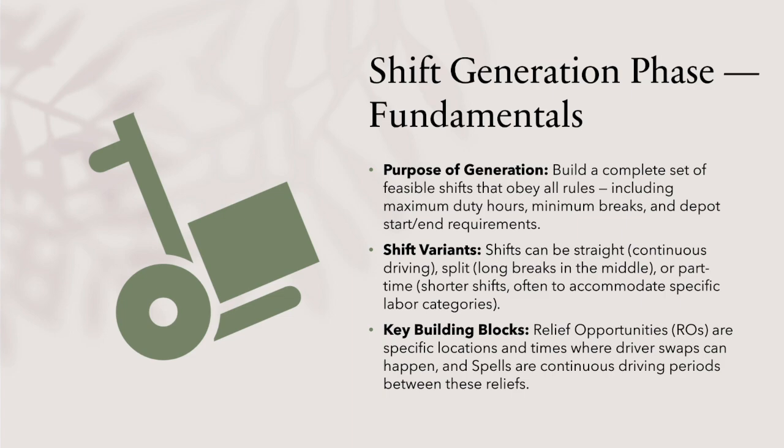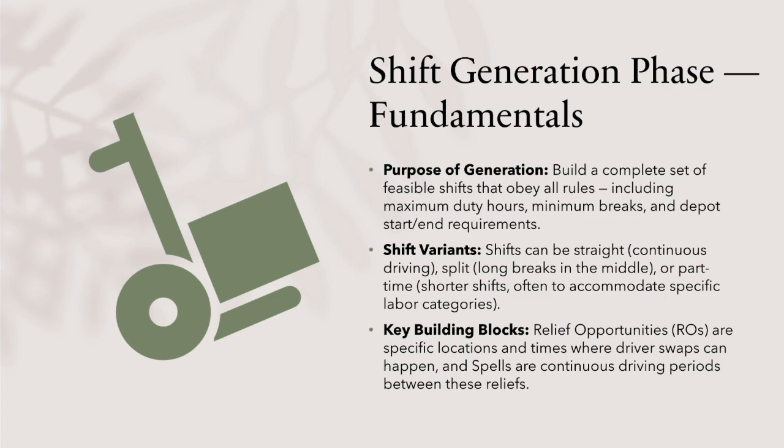Next is the shift generation phase. The shift generation phase is the foundation for all scheduling work. If this is done poorly, no amount of optimization later can fix it. Shifts must comply with laws like mandatory rest periods, limits on total duty hours, and depot return policies.